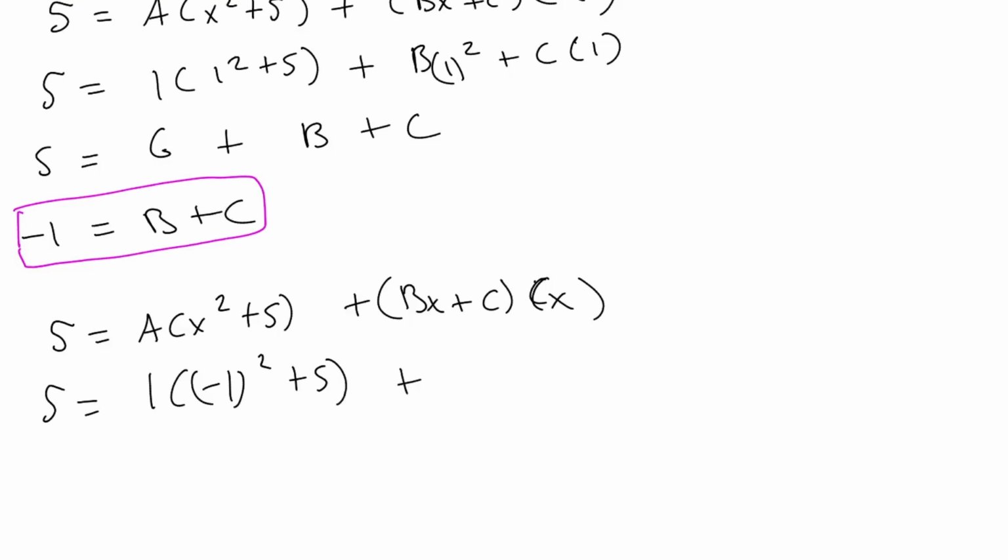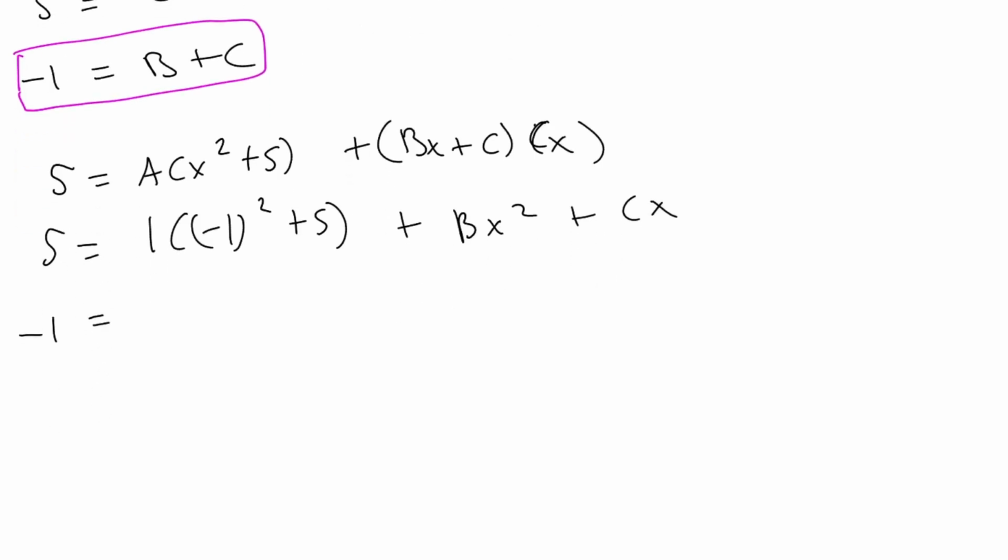Again, we're going to simplify this even further. So it's going to be bx squared plus cx, and if we just jump to what we have right now, this entire thing will be the same as before, 6. So we move to the other side. We're going to have -1 is equal to a value of, this time our b is going to change.